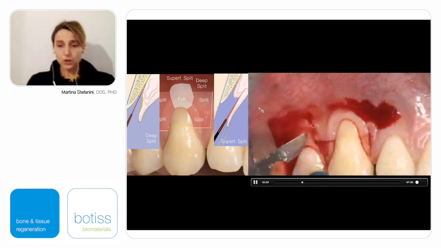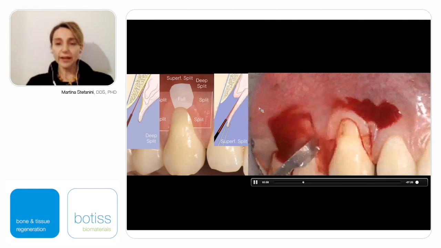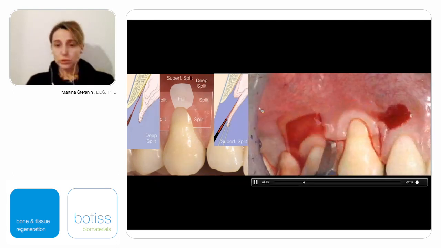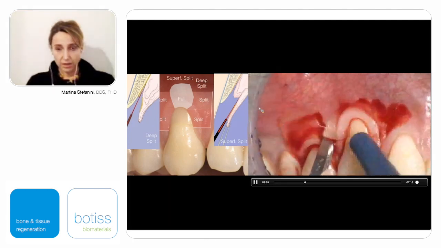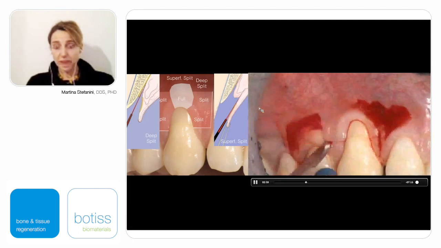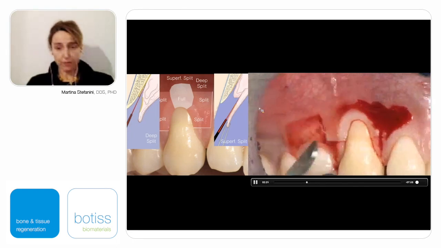The surgical papilla should be elevated split thickness until the imaginary line that connects the sulcus with the vertical releasing incision. In this way, we are able to elevate a split thickness surgical papilla of trapezoidal shape flap design.